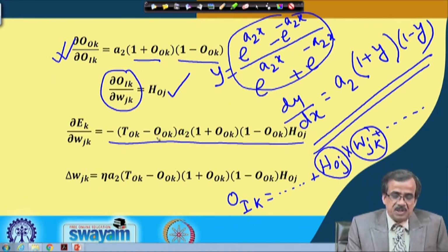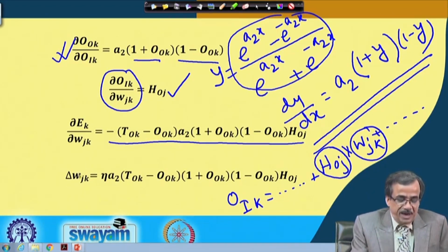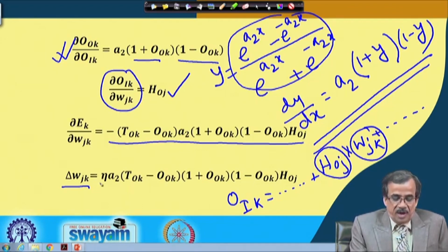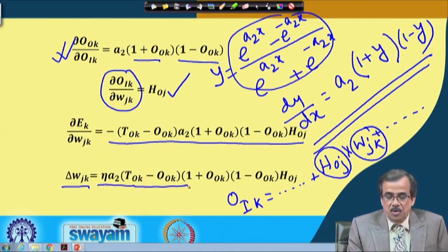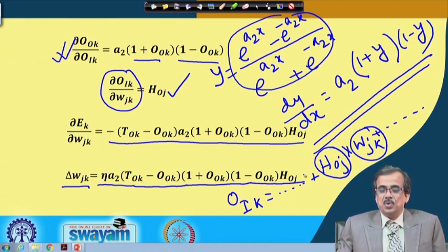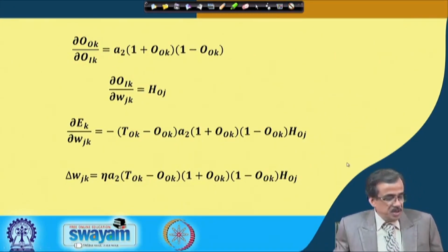Once we have this final expression of the partial derivative, we can find delta w_jk, which is minus eta into this partial derivative. So, I will get eta a2 (T_Ok minus O_Ok) (1 plus O_Ok)(1 minus O_Ok) multiplied by H_Oj. So, very easily we can find the change in W.